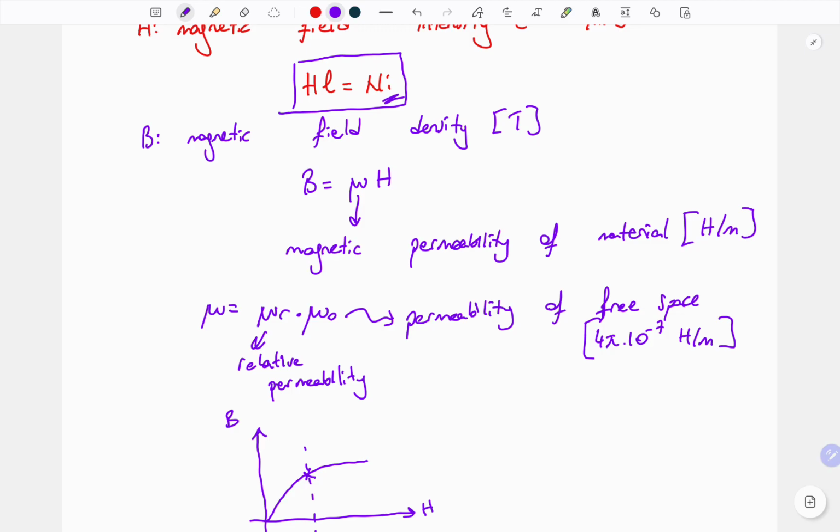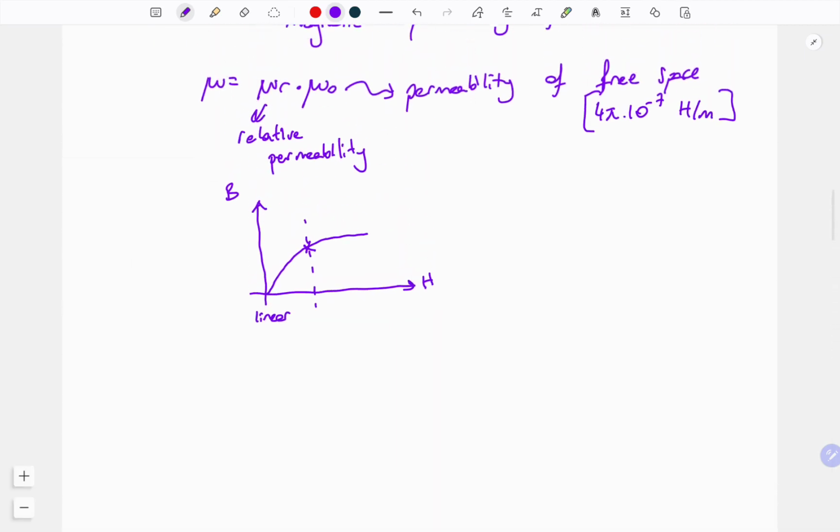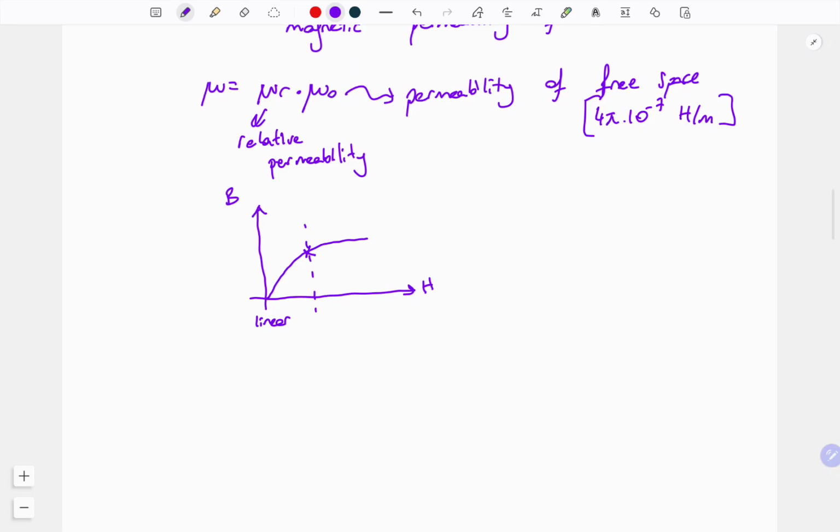So you can increase the current step by step, because other parameters will be constant for a specific system, and you can see the H also will increase. But during that time, we can see a very small change in B.